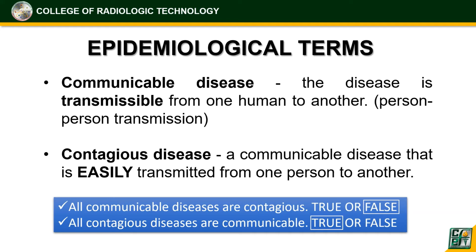So definitely, not all communicable diseases are contagious. Not all can be easily transmitted from one person to another, but all contagious diseases are communicable, as you can see in the definition above.